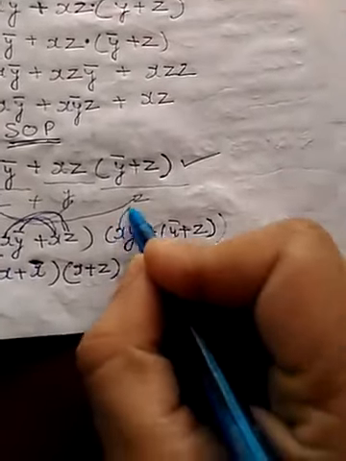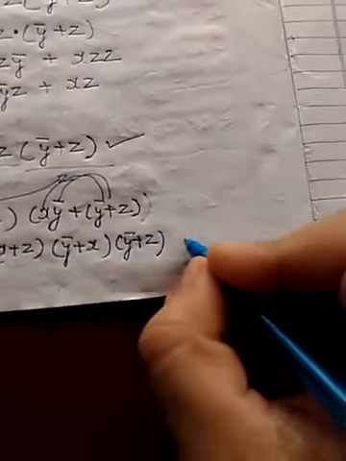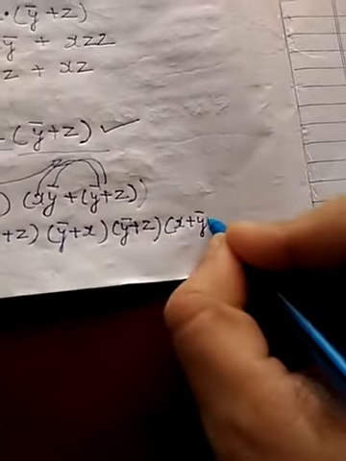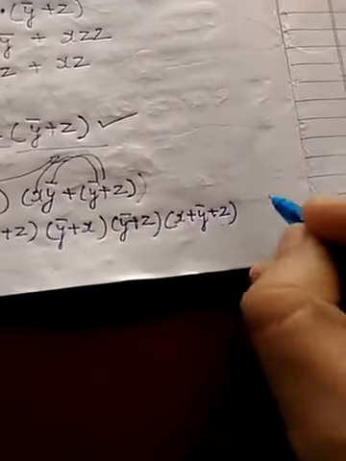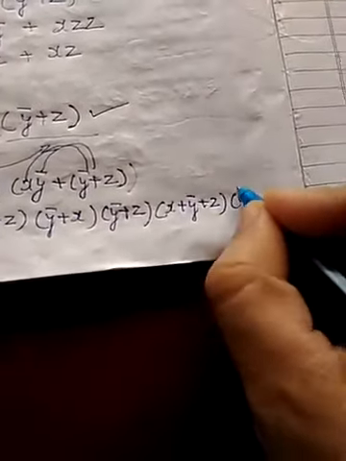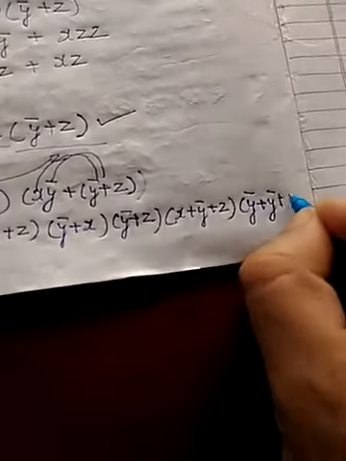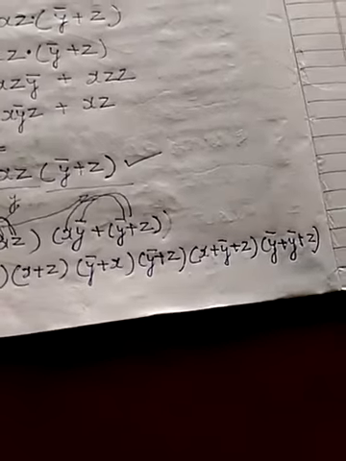Now here also apply the same, this plus this, this plus this. So here you will get x + y' + z, y' + y' + z. Now you will get this term.